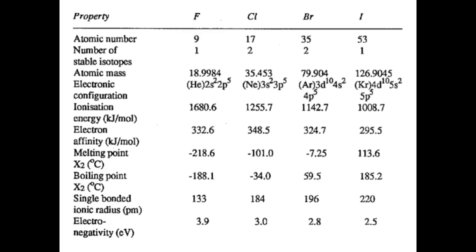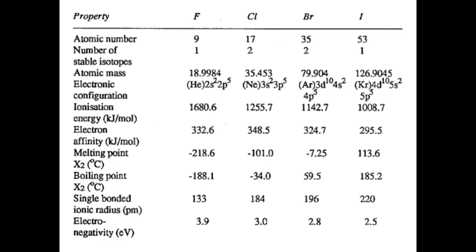But more interestingly, we have the ionization energy. You observe that as you move down the group, the ionization energy of group 7 will decrease. And what is ionization energy? Like we have said, it is the energy required to remove an electron. Why? Because the electronegativity, that's the ability to gain an electron, is decreasing. So the ionization energy will also decrease. The same with electron affinity. Electron affinity is the ability to gain an electron, that is, to add an electron.